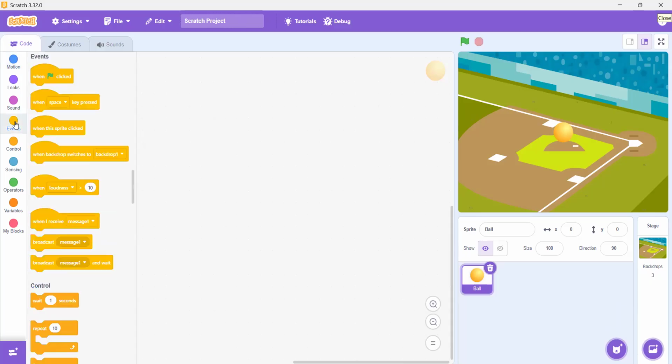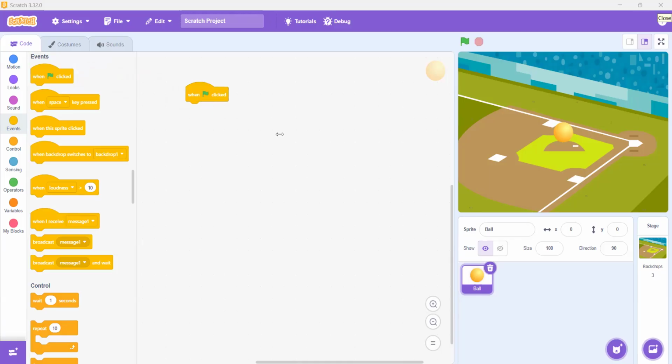So when I clicked on the event, I got this. When flag clicked, what am I going to do now? If I click on flag, what am I doing? I am bringing it over to the right hand side, drag and drop. Now the word drag and drop. Good.